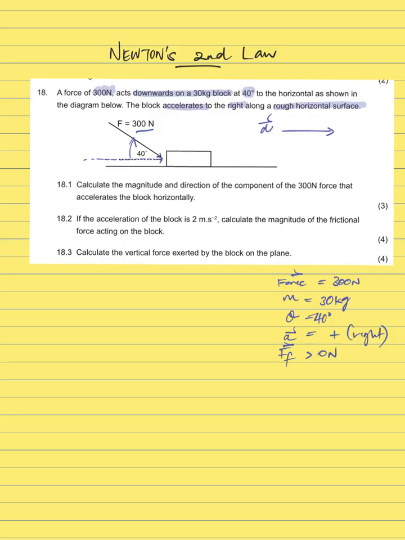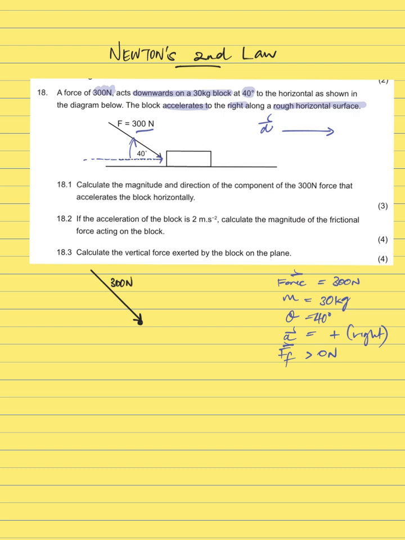So what's happening at this point? Let's say I have my little object there. What's happening is this object is being pushed across the surface, right? So when I'm looking at it, I know that I have a force that is coming down like this, and this force is worth 300 newtons.